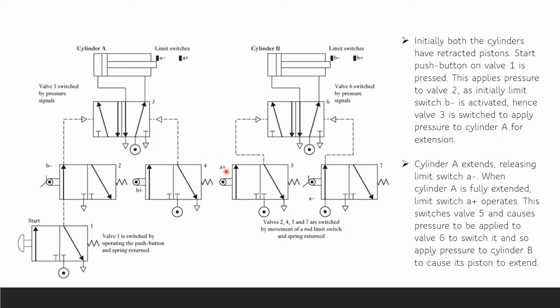This limit switch operates the valve 5. As a result, the pressure source applies the pressure through the fluid flow onto the valve 6. The valve 6 is operated by the pressure signals from valve 5 as well as 7.